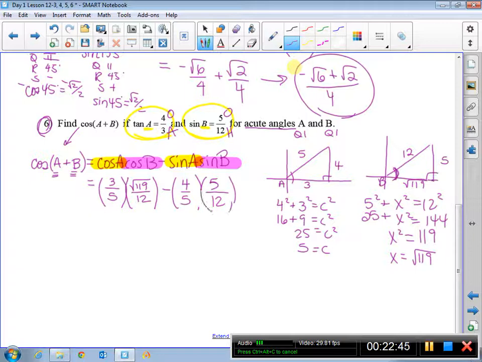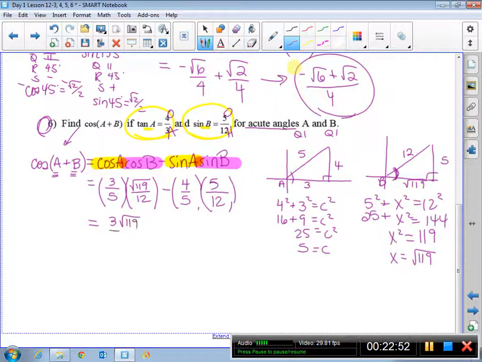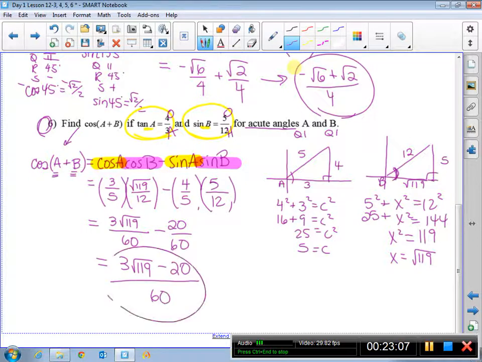There we go. And then multiplying our first two, we have 3 times the square root of 119 over 60, and 4 times 5 over 60, and our final value is 3 times the square root of 119 minus 20 all over 60. And that can be checked just like the others.